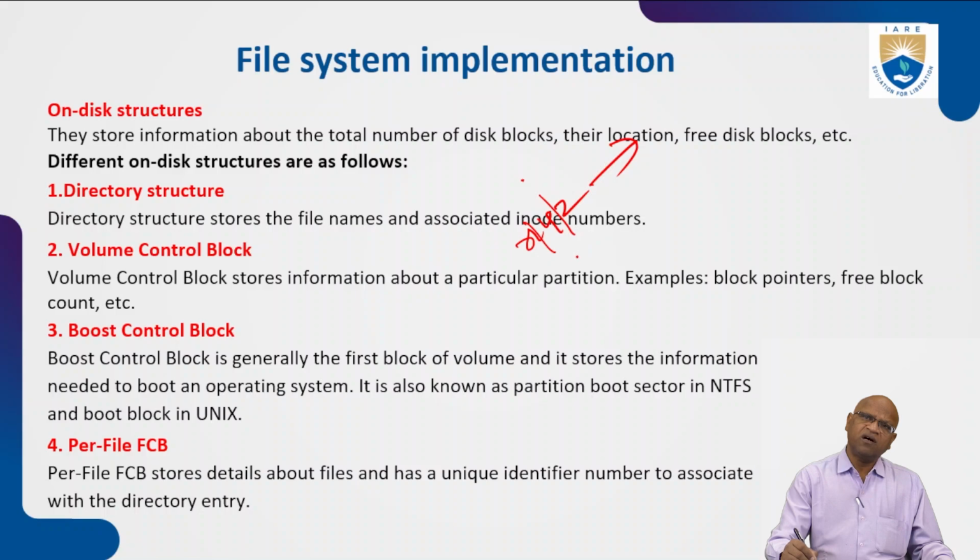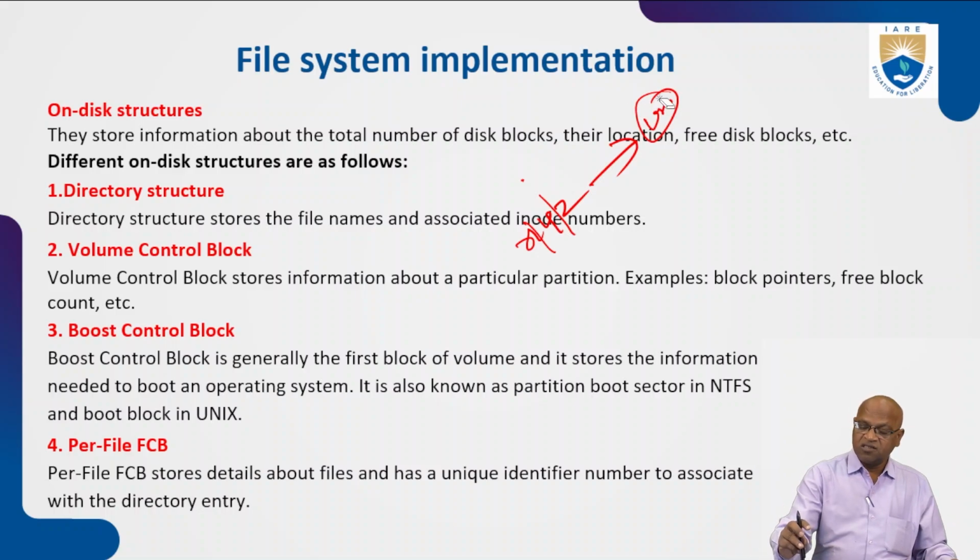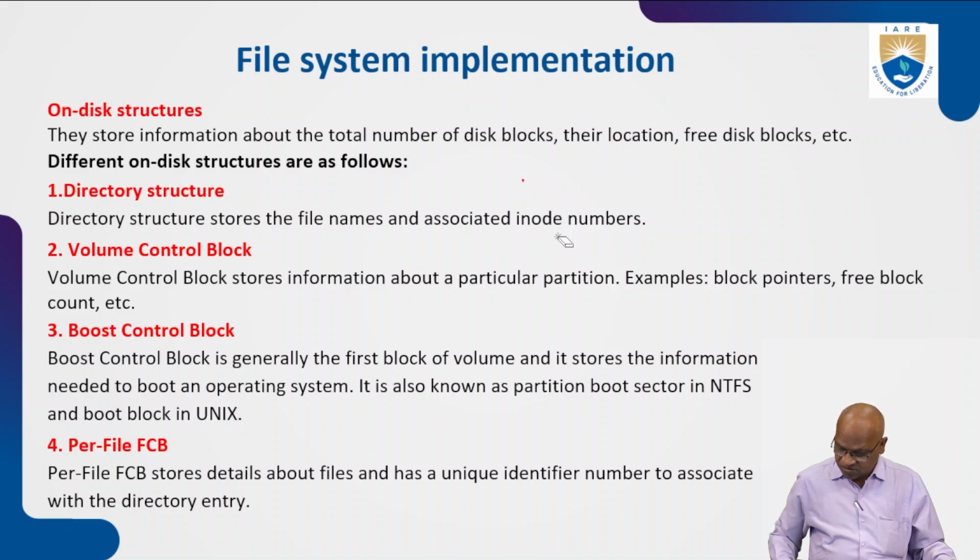All the ASCII codes will be combined and we will get a unique number. That is the file number. That file number is saved in the directory. That is the file's unique identifier number to associate with that directory entry. So this is how the file name is converted into a unique number, and that number is saved in the directory structure.